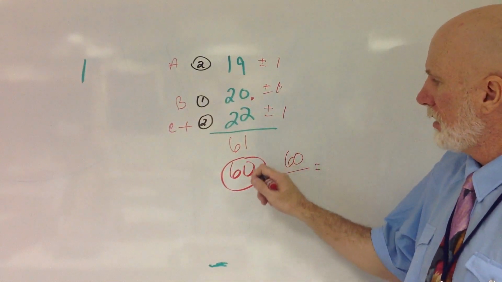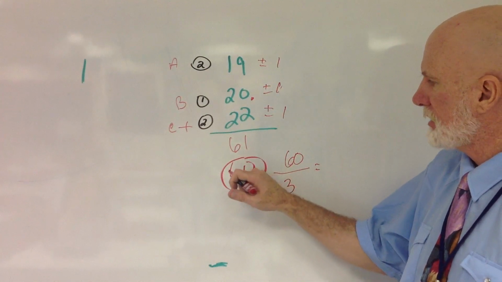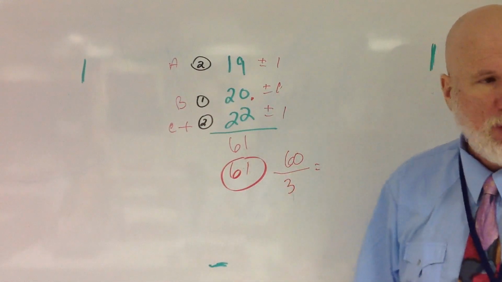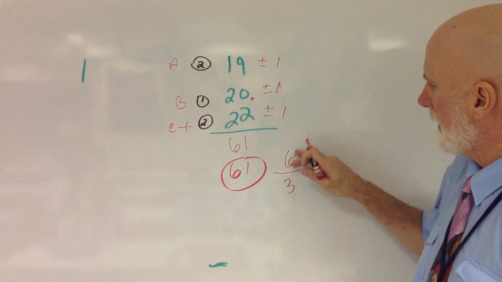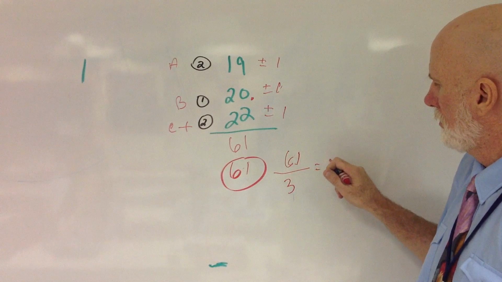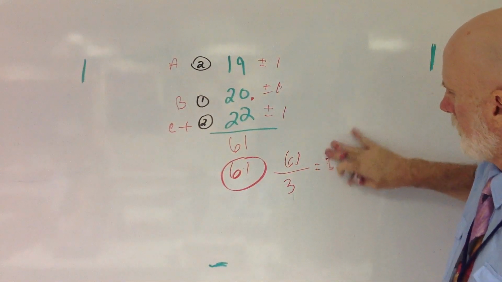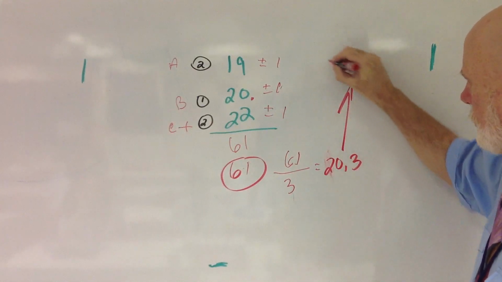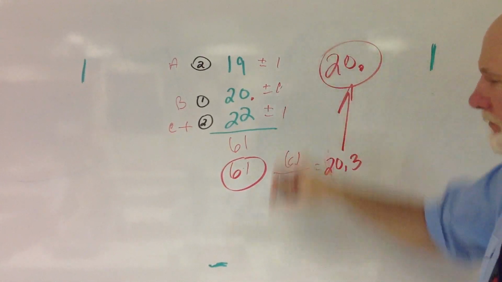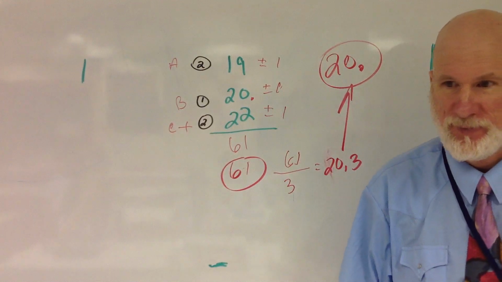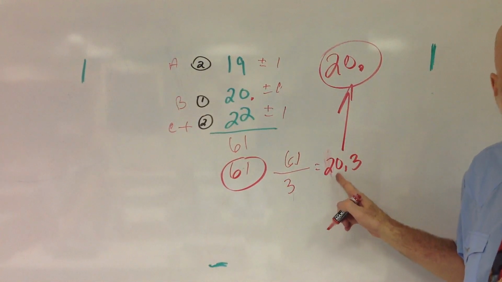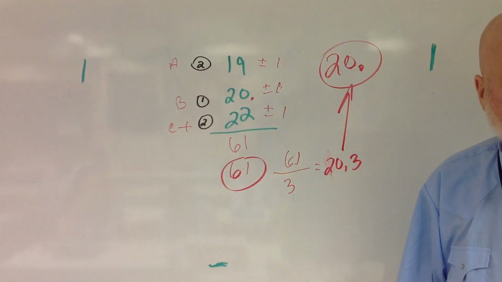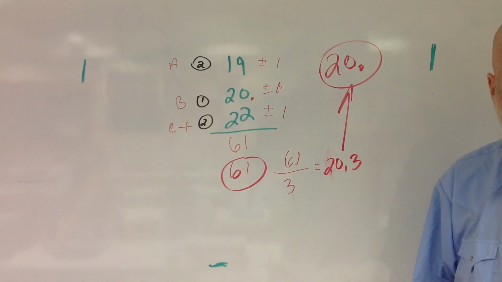So therefore, this answer here is actually what? 61. 61 divided by 3 is 20.3, correct? Which rounds to 20 written like that. You can't say 20.3 because that has 3 significant figures, so I have to round it to two significant figures. You see how that changed?